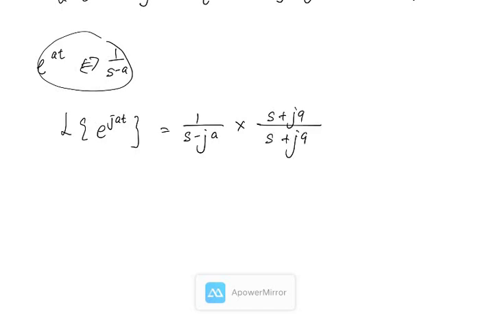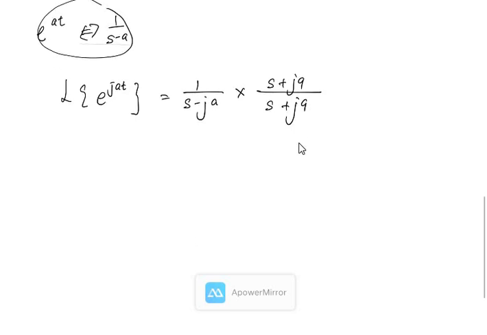If we cancel out, you still get the same value. We just want the denominator to have s plus ja and s minus ja, so at the end we get s squared, either plus or minus a squared.